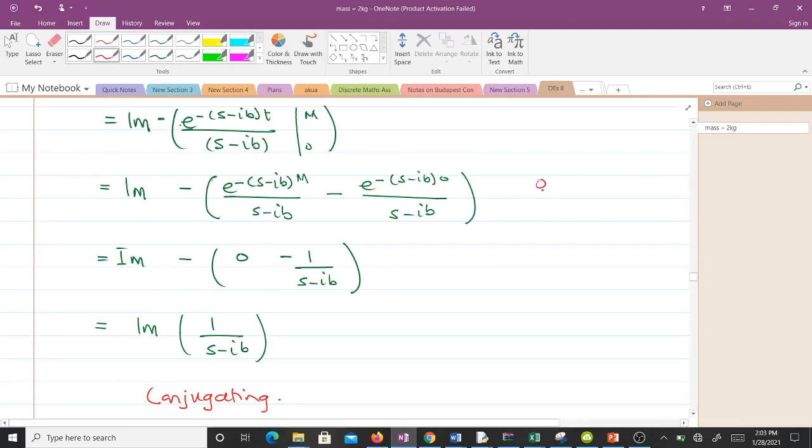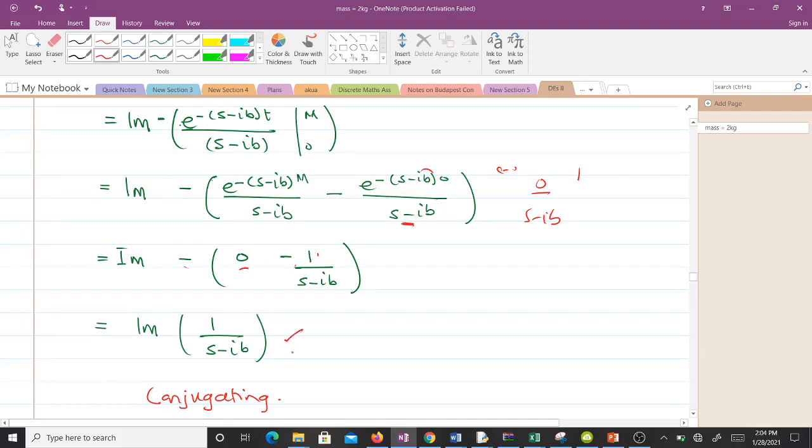So you're going to have 0 over s minus ib, and 0 over any number is 0. And when you multiply 0 by the power, you get e raised to the power 0, which is 1. So you get 1 here over what we have here. Minus and minus will give us the positive of this. Okay, so that's how we end up with this.